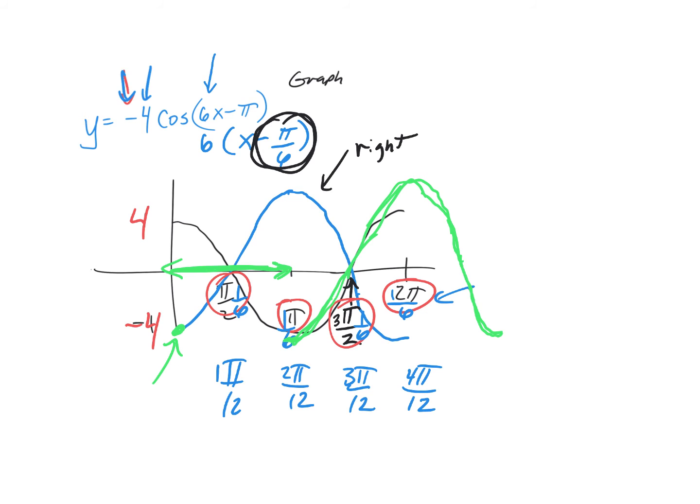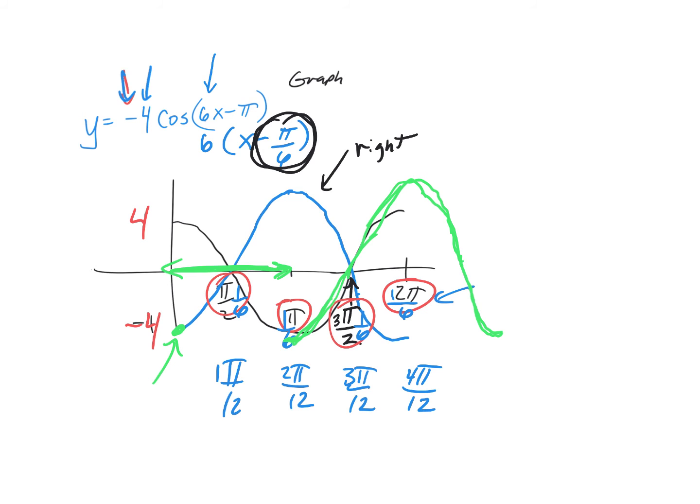Question first. Should you continue the graph? That is a good question. You do not have to continue the graph for more than one period. My green graph starts at the bottom, ends at the bottom. That is one complete cycle, and you don't have to do more. Now, if the test said do 2 periods of cosine, then you'd have to do that.